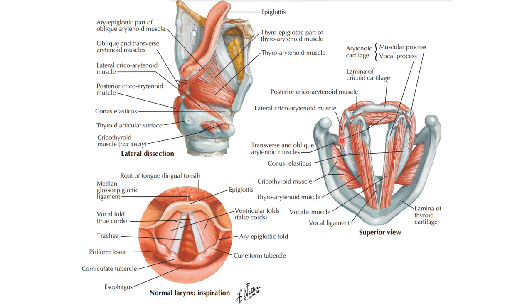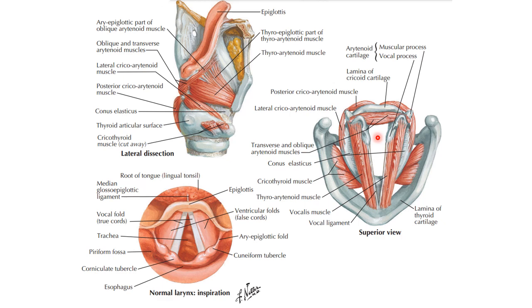Next, you have the lateral cricoarytenoid muscle, which when it contracts, it will pull on the muscular process, and that will cause the vocal ligament to adduct into the midline, closing the rima glottidis.